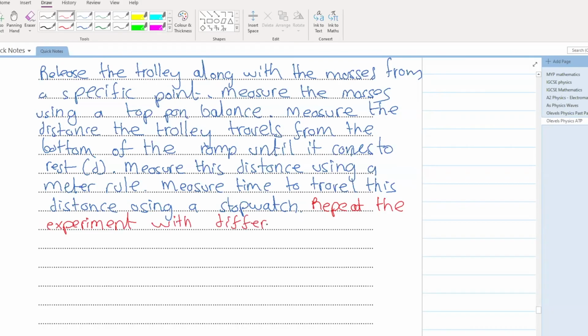Perfect. Nothing complicated here, we haven't done anything complicated.